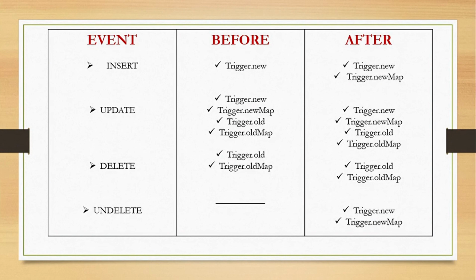In the delete event, before and after can use Trigger.old and Trigger.oldMap. For undelete, before is not executed and only after is executed, where we can use Trigger.new and Trigger.newMap.